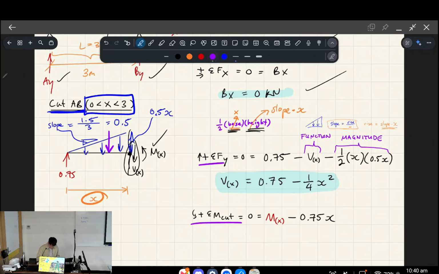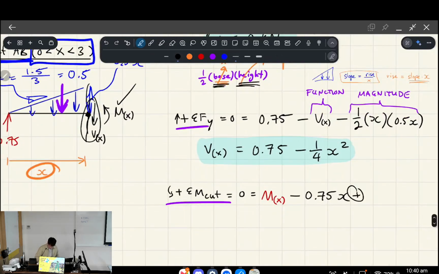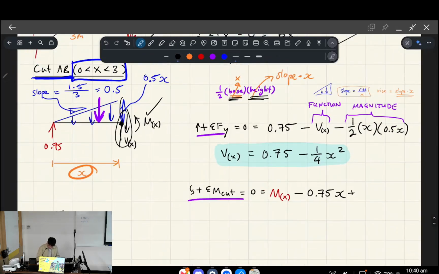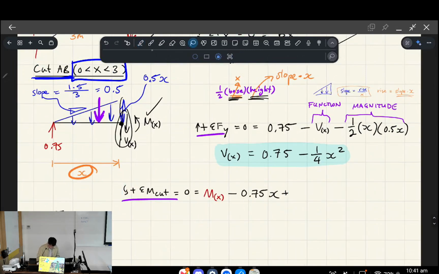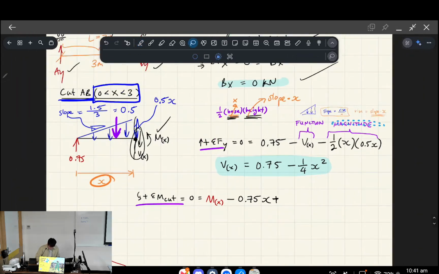Now next we have to resolve our triangle. For our triangle, it's going to be positive because this triangle is going to cause a clockwise spin about the cut. So it'll be positive, and then we're going to do the magnitude, which we actually worked out a second ago already, so I'm just going to copy this over.